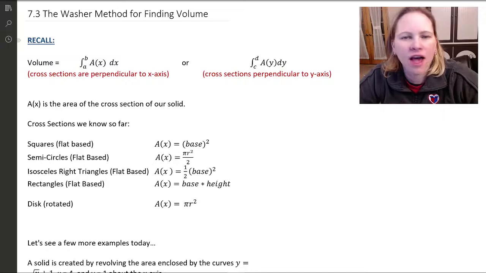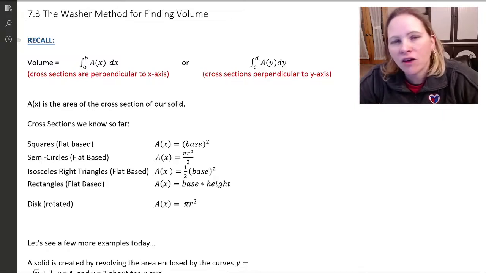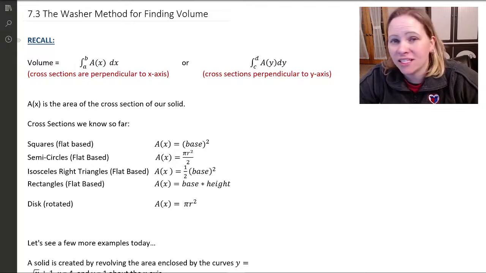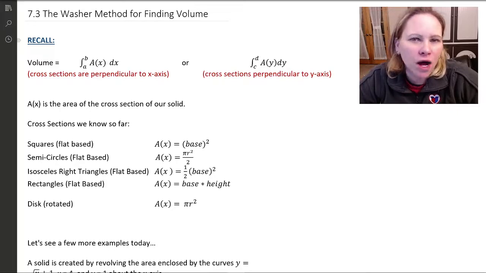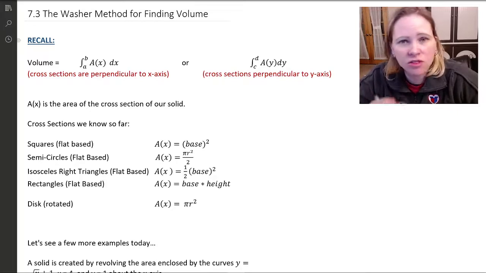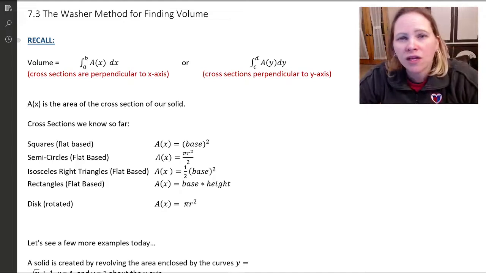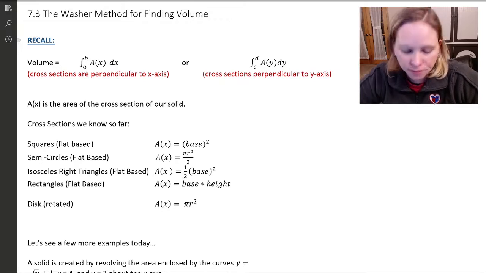Now, if our cross sections are perpendicular to the y-axis, we would use a dy setup, in which case we would want functions in terms of y. So all of our equations would contain the variable y. We'd have to solve and get x equals some function of y. We would also use limits of integration from a lower y value to a higher y value. So depending on the setup and what we're perpendicular to, that determines how we need to manipulate our functions to be able to use them.